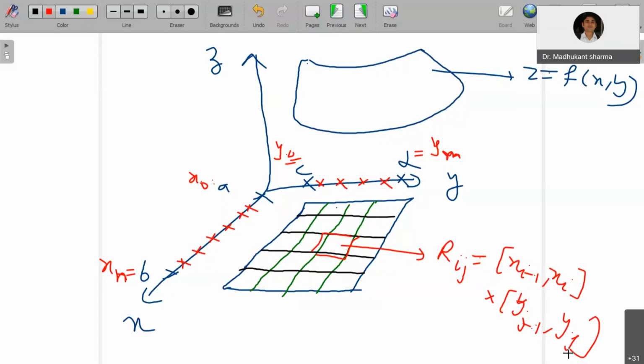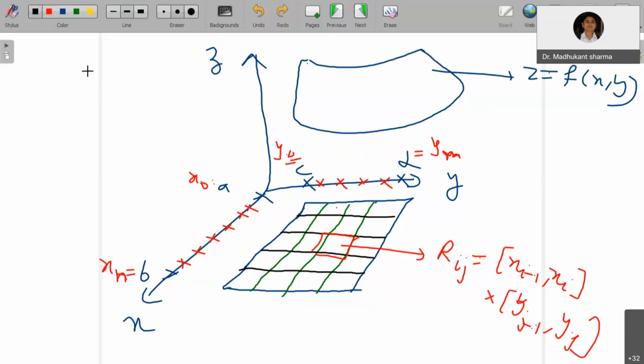Now I want to identify, so this is a very small rectangular element. Now I want to obtain the volume over it. So how? I will draw a rectangular cube. Let me choose another color here.